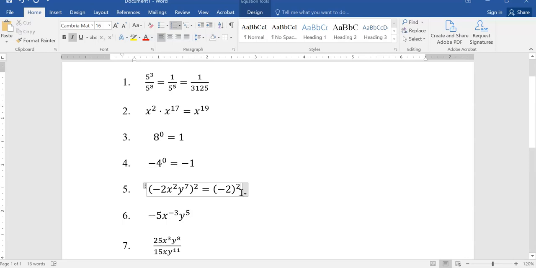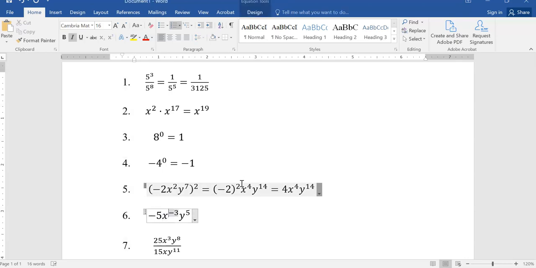So we get that, and then x squared becomes x to the 4th, 2 times 2 is 4. And then y to the 7th squared, 7 times 2 is 14. By the way, as long as you use the parentheses right, negative 2 squared should give you a positive 4. So you get 4x to the 4th, y to the 14th.